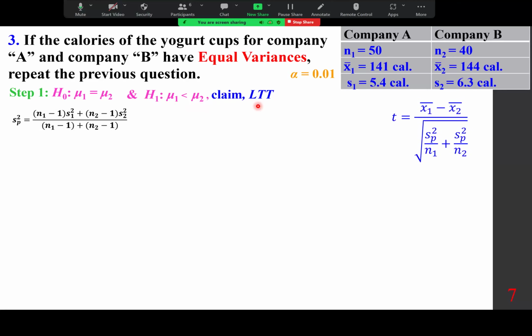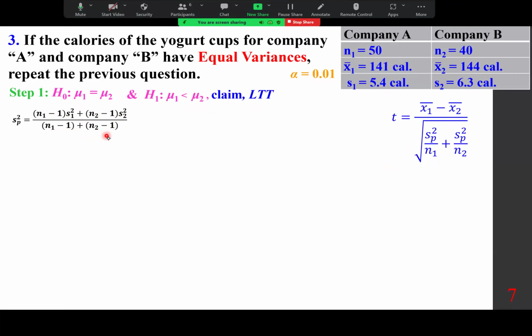What is different is this T has the formula x1 bar minus x2 bar over the square root of s sub p squared over n1 plus s sub p squared over n2, and s sub p squared is the pooled sample variance. So how do you calculate that? N1 minus 1 times S1 squared plus N2 minus 1 times S2 squared, over N1 minus 1 plus N2 minus 1. So the weighted average of the variances in essence.